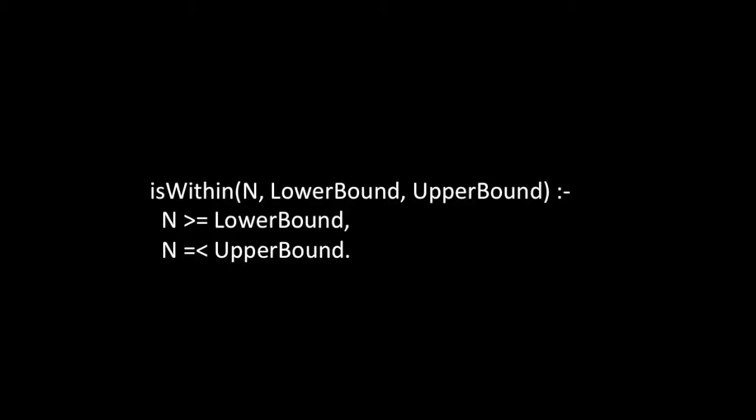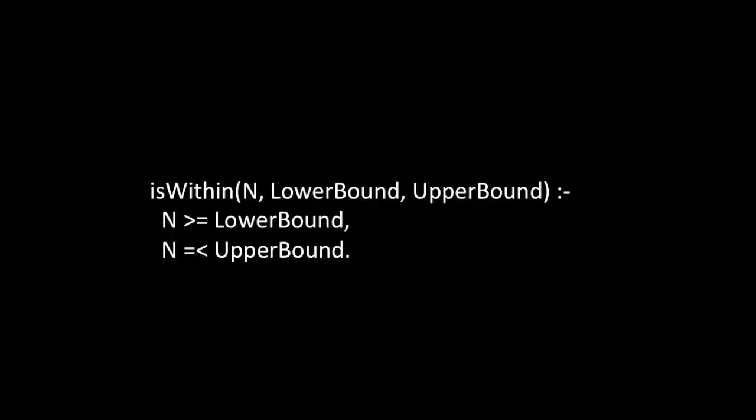The pseudocode algorithm for is within also results in a relatively simple implementation in Prolog. Here's the entire program. The idea is that is within of the number, the lower bound and upper bound is true if n is greater than or equal to the lower bound and n is less than or equal to the upper bound. You notice that there aren't any explicit ands and ors like we saw in Java, but they're there nonetheless.